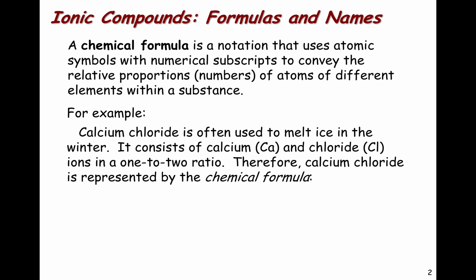The formulas are always written so that the positively charged ion comes first, and then there may be some subscript indicating the number of those ions. Following that comes the negatively charged ions, the anions, and the corresponding number indicating the number of the anions. If there's no number, it's implied that that number of ions is 1.